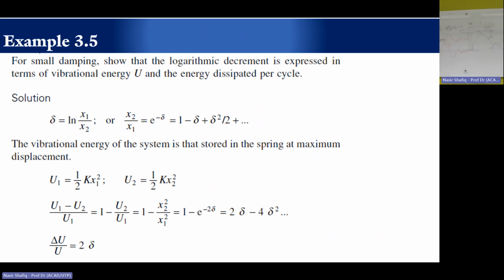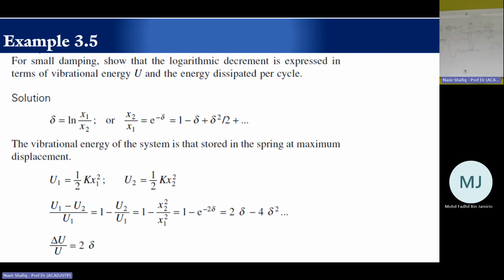So this is the series, right? The vibrational energy of the system stored in the spring at maximum displacement is U1, half K x square, which is the energy stored, equal to kinetic energy U2, half K2.